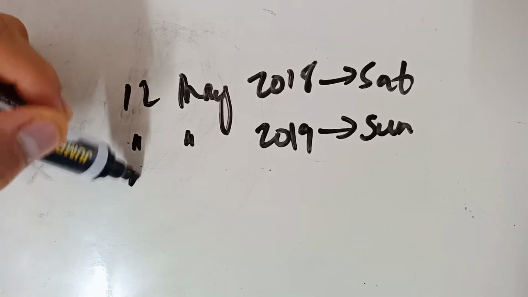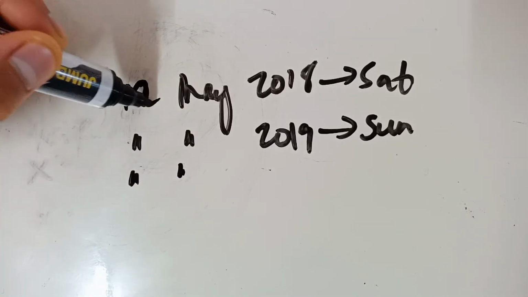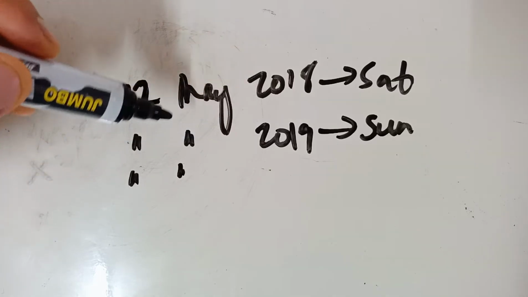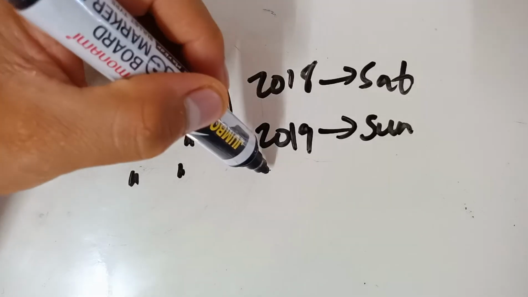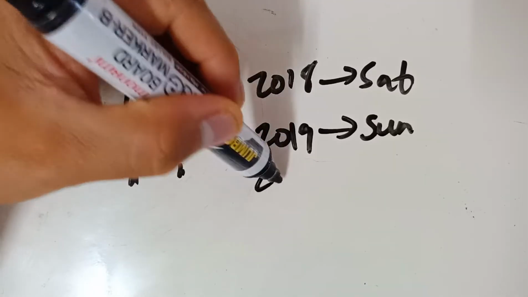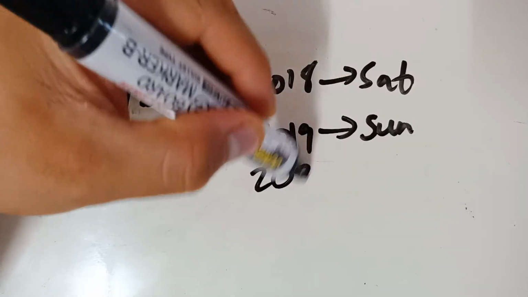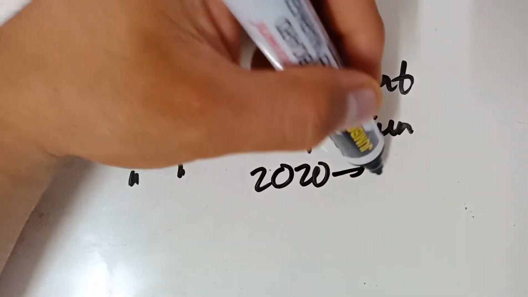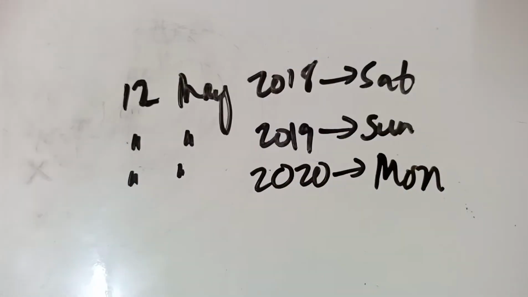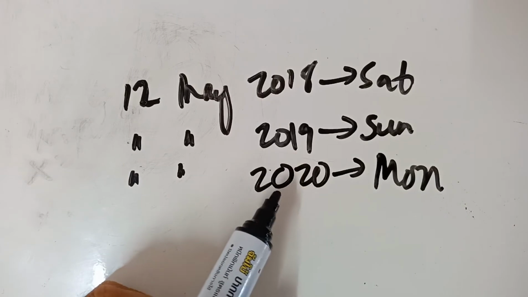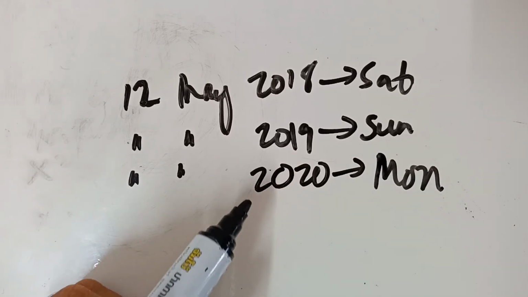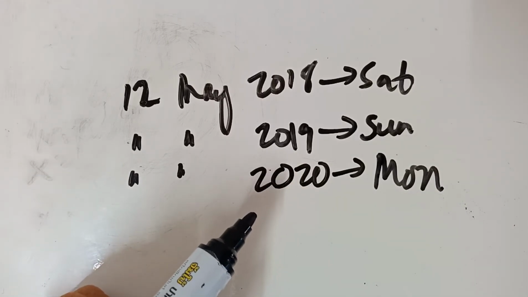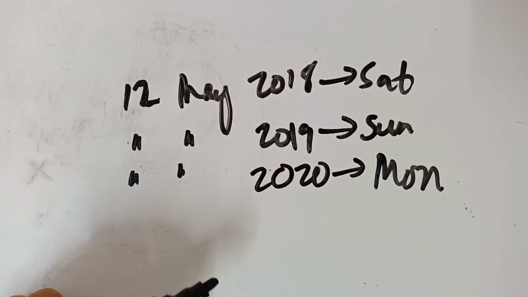So 12 May 2018 is Saturday. So the 12 May 2019 is Sunday, 1 day forward. And 12 May 2020 is Monday, just Monday. Do not add 2 days because from 2019 to 2020, we just added 365 days.